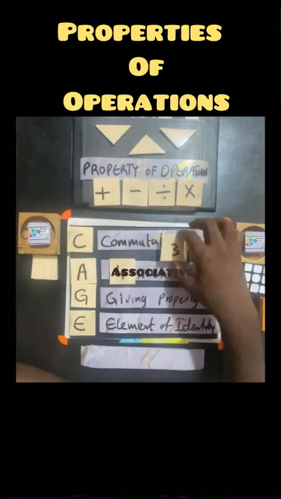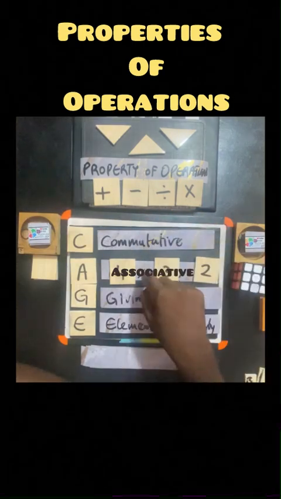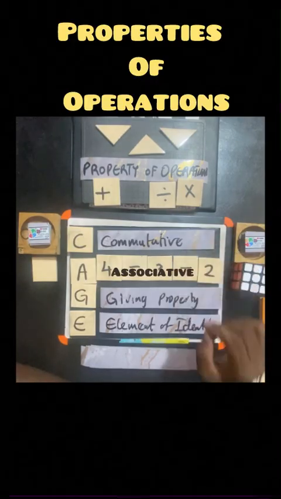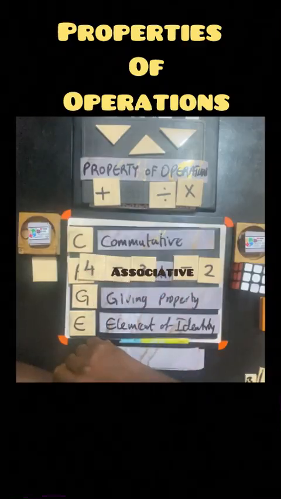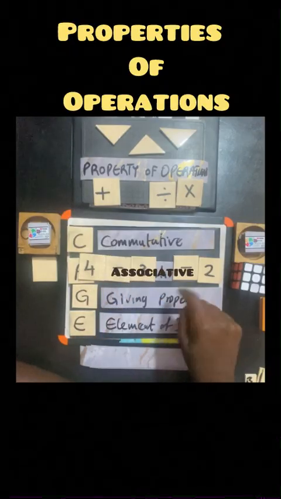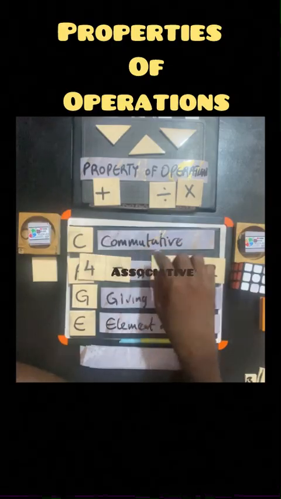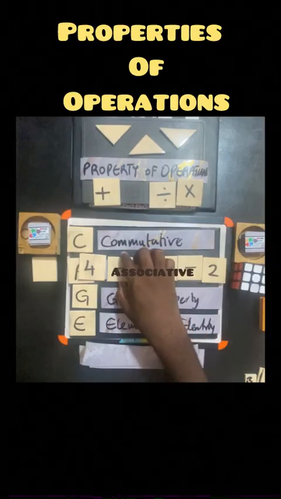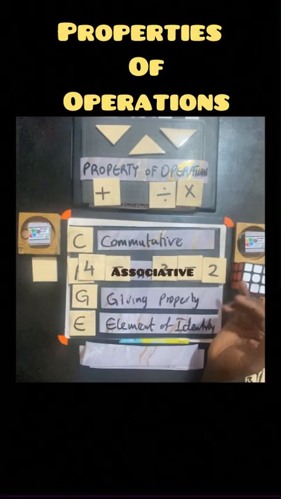Now, what about subtraction when it comes to associative property? Use only subtraction, and you work the first two first. This is 4 minus 3, that's 1. Now 1 minus 2 is negative 1. Now if you work out 3 minus 2 first, that should give us 1.